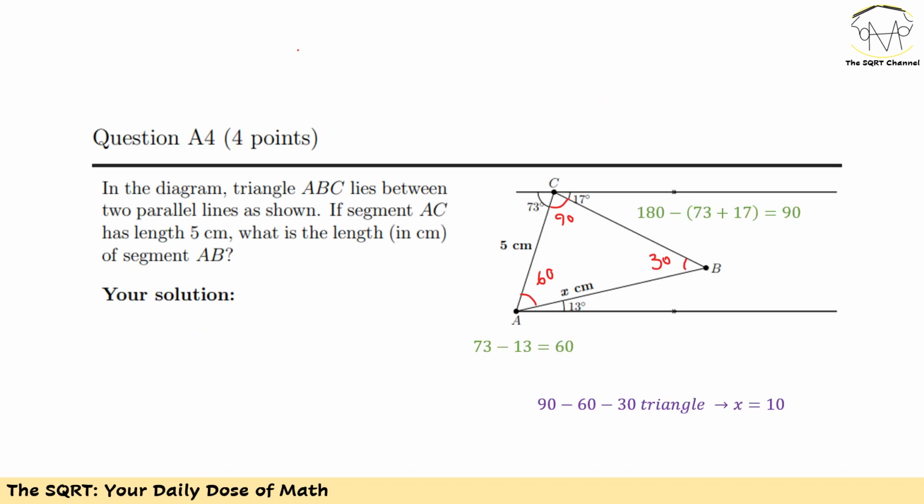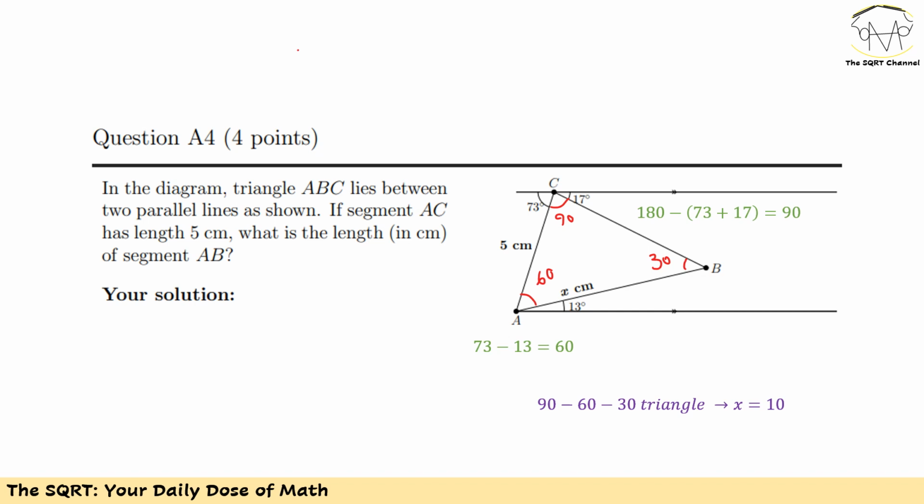To solve this, I'm going to start with some preliminary geometry facts that we can use. Basically, the angle in this triangle at C is 90 degrees, because 180 minus 73 minus 17 is basically 90.